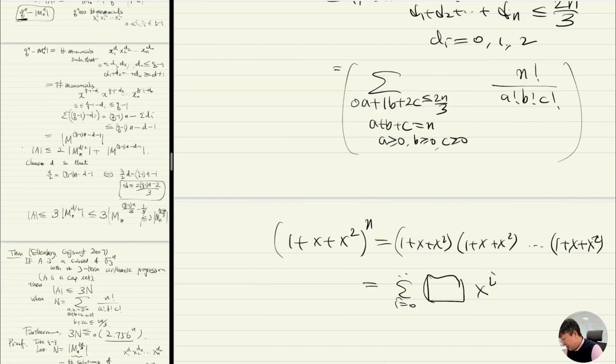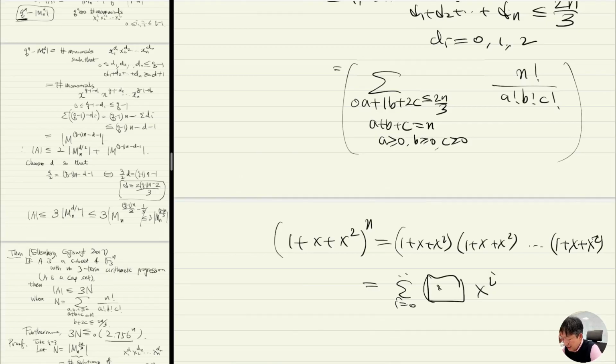And if I is some number, then the coefficient is the number of ways to make that I by choosing a certain number of x to the 0, a certain number of x to the 1, a certain number of x to the 2. Right?